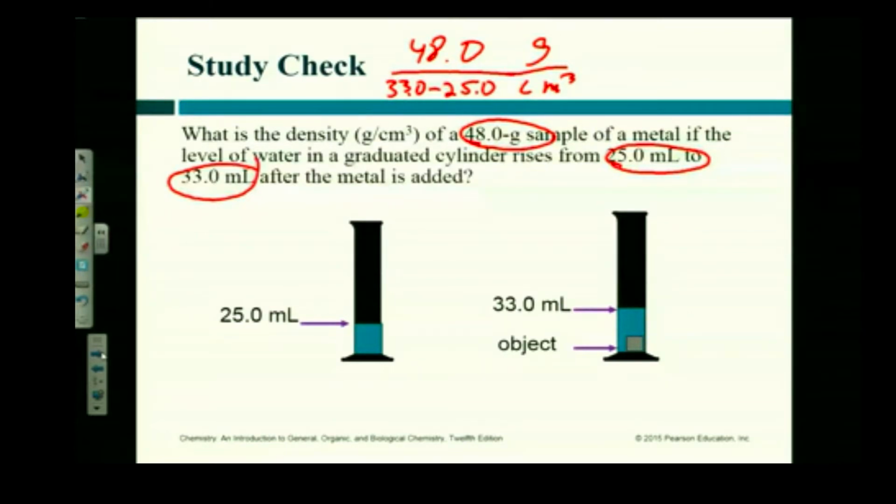You'd ask for grams per cubic centimeter, right? So this one would be better. So what's the answer then? 48 divided by 8 is 6.0 grams per cubic centimeter.